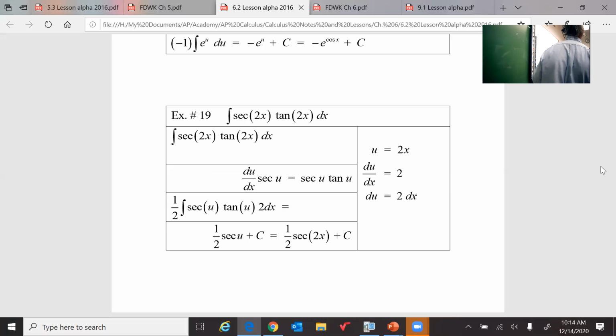When you anti-differentiate, it's going to take you to secant. Except what? You need 2 times dx to give you d mu. So you've got to put a 1/2 out front. So you would get 1/2 secant mu plus the constant. Because what you recognize is, the question was secant tan, and secant tan is the derivative of secant. You can remember that on page 332.